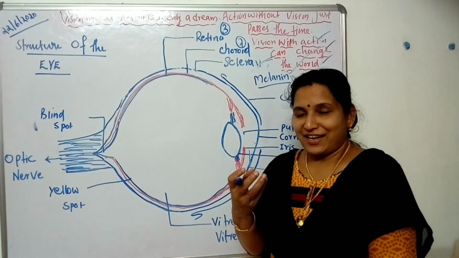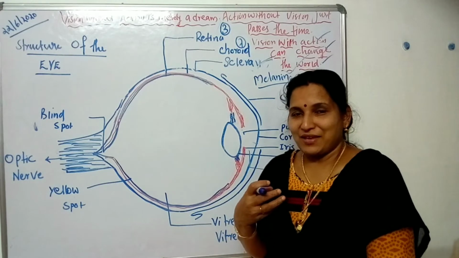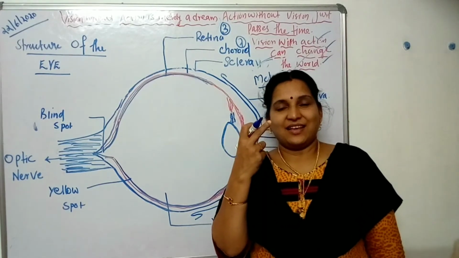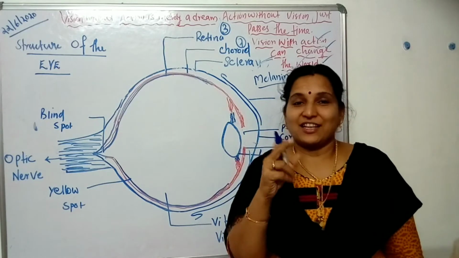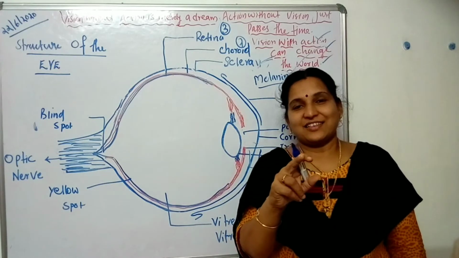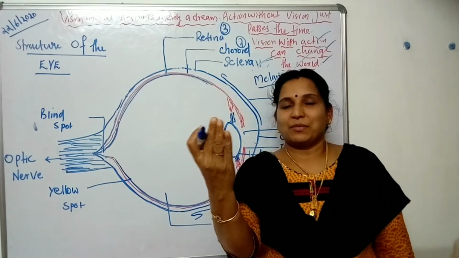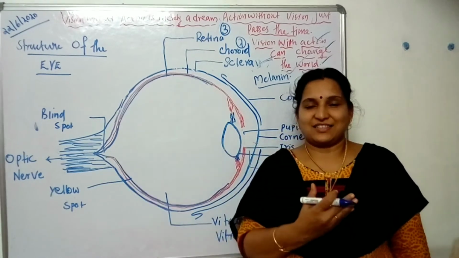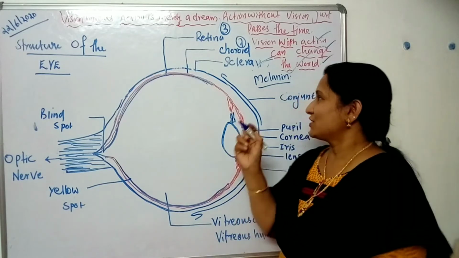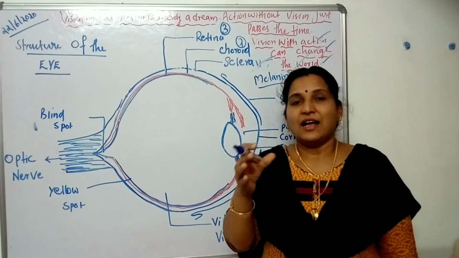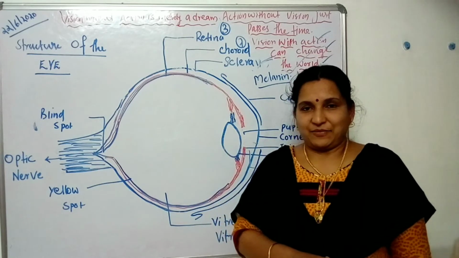If I study the anatomy of my eye, you can see the black colored portion in the iris. Like that, in all of your eyes, just look through the mirror and find out what color it is. It is due to the presence of melanin. Depending upon the quantity of melanin, the color varies.